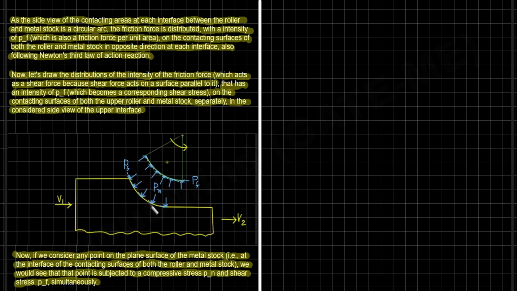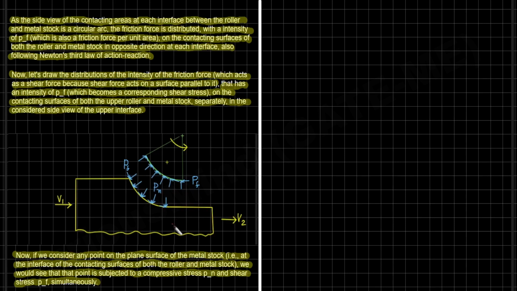And this simultaneous action of the shear stress and compressive stress causes the material of the metal stock to deform at each interface, thus reducing the thickness of the metal stock.